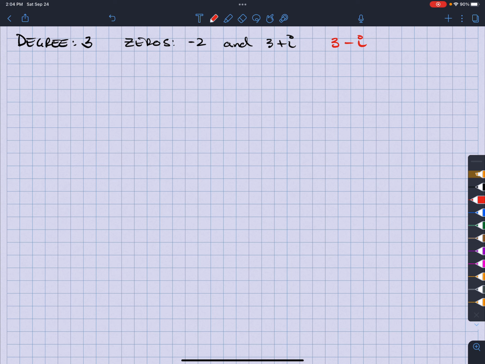So if I look at the factors, they're going to be x plus 2, right? Because if I was to show this, I would say, okay, I got x equals -2. Bring the 2 over to the other side. I have x plus 2 equals 0, right?